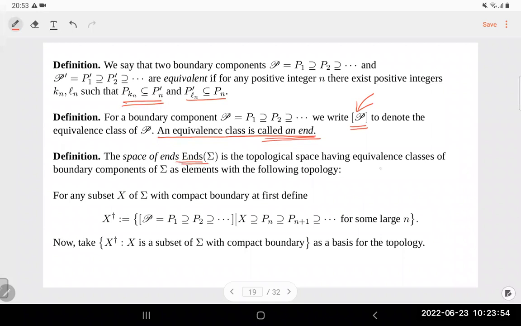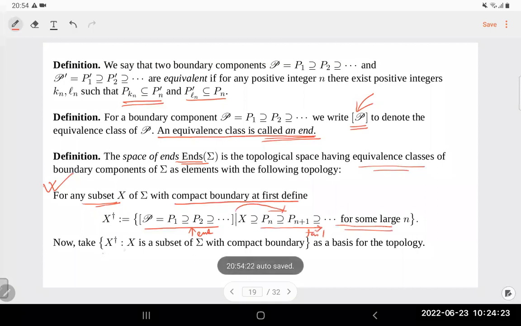Okay, and I want to give a topology on the space of ends. So here is the topology description. First, take any subset X which has a compact boundary and consider all those ends which eventually contain the tail, that is, X contains the tail for some large n.